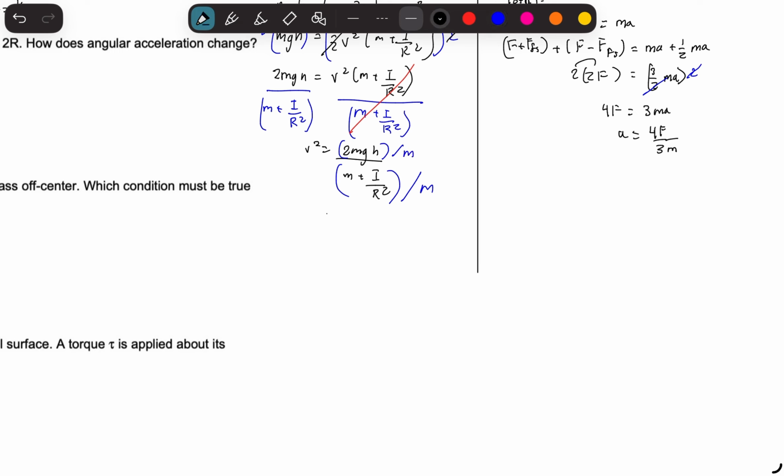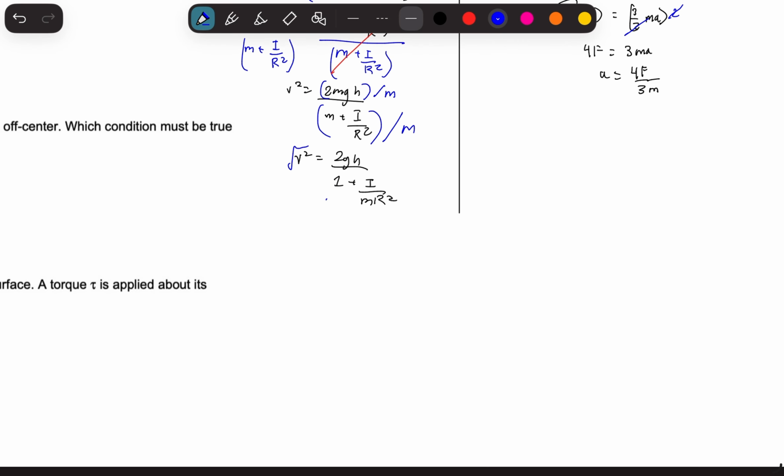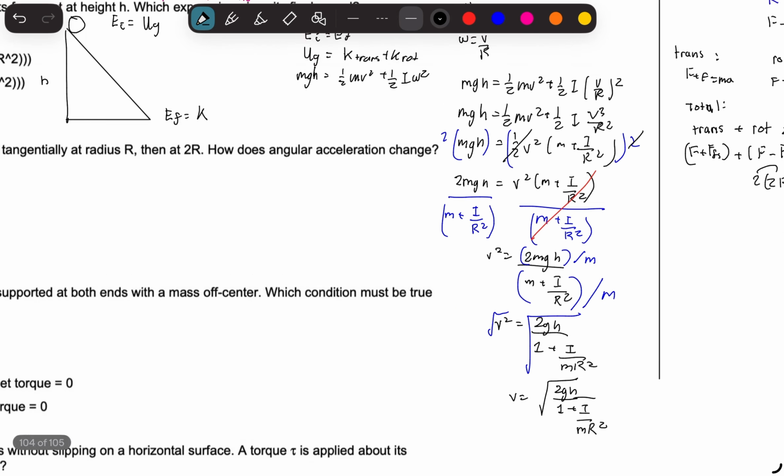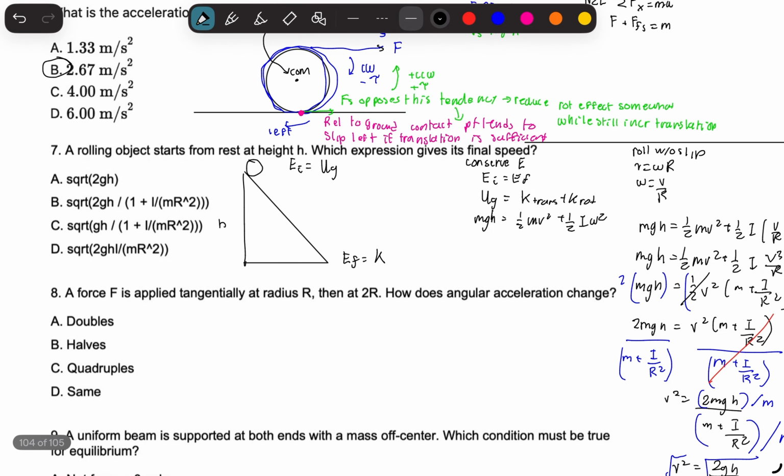Divide both these by m. Then root. Your answer is the square root of 2gh over 1 plus I over mr squared.